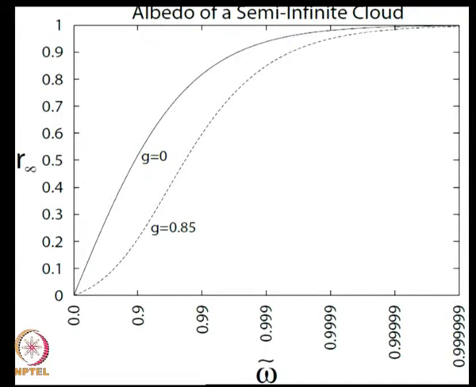A large number of scattering events will ultimately take it back to leave the slab of particles, and so it does not matter whether the scattering is isotropic or non-isotropic, as long as the single scattering albedo is very large, ultimately it will all be scattered out of the system.